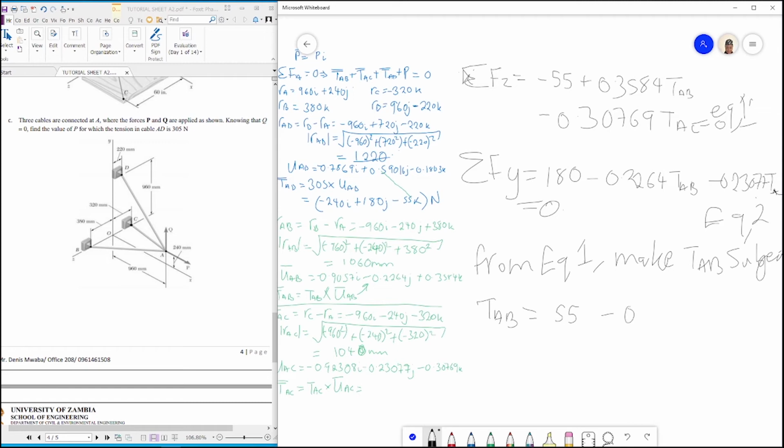So minus 0.30769 TAC. Then all these will be multiplied by 1 over the coefficient of TAB, which is 0.3584.